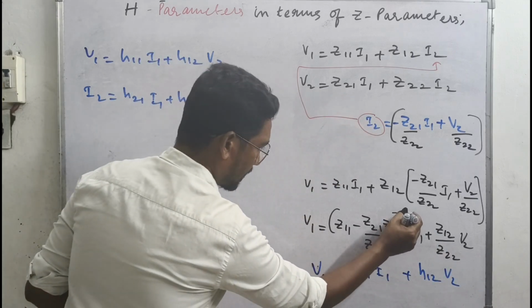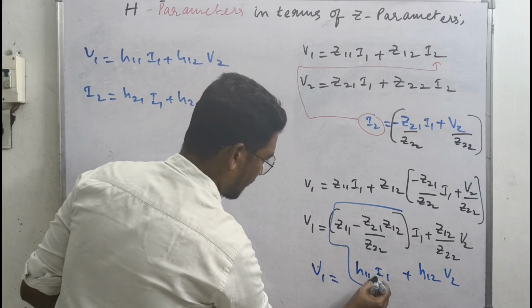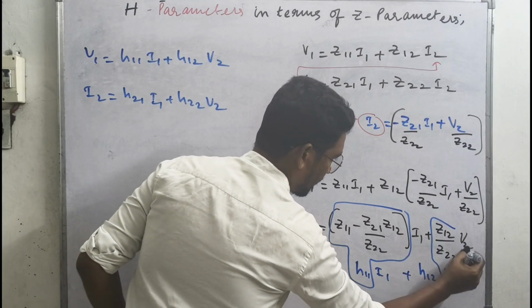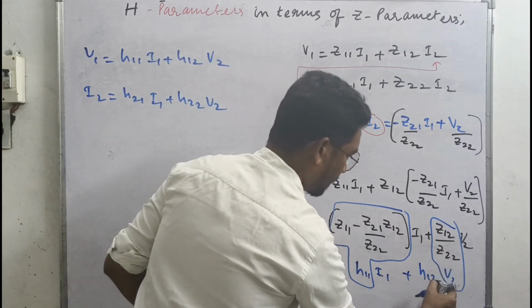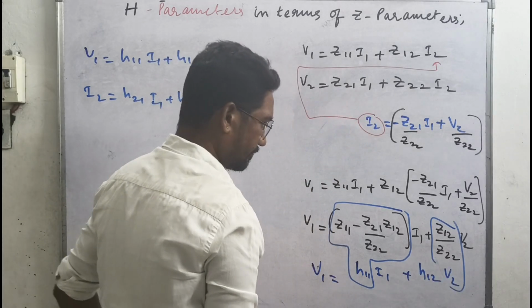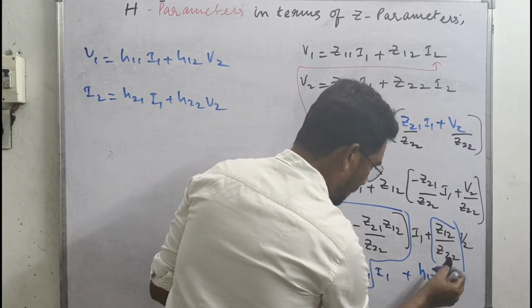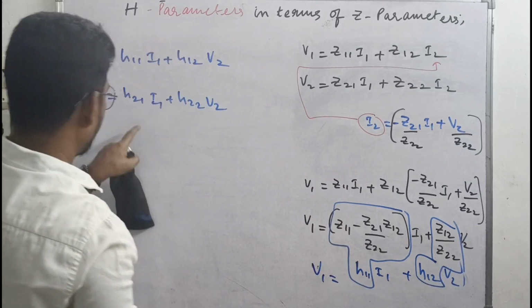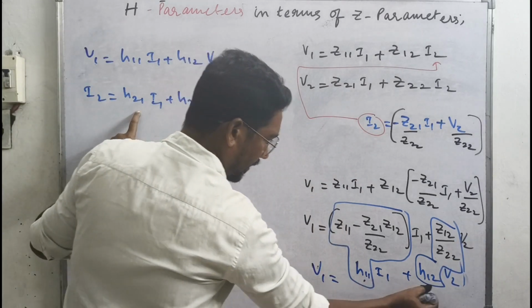See, so this part will be our h11, and this part will be our h12. I'm sorry, for h12, not v2, a small correction over here. This part will be h12. So this is for h11 and h12.